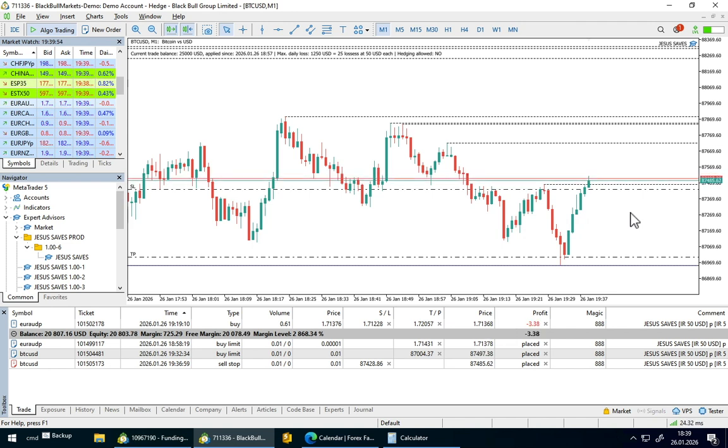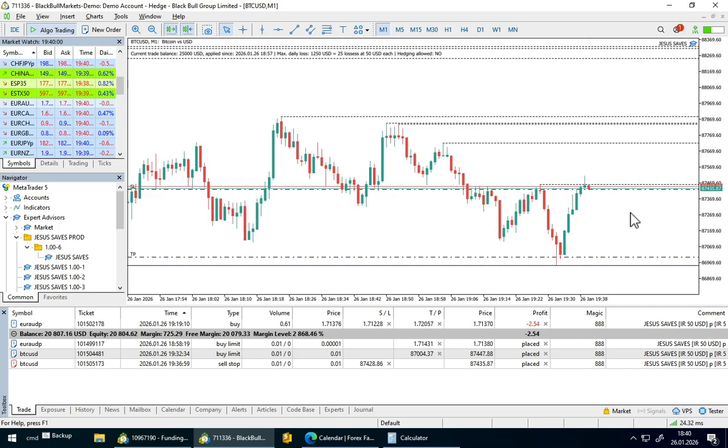Even if we are on the smallest time frame, 1 minute, so one candle is just 1 minute, when you are sitting in front of the screen, it takes quite a while. We came from here. I put this buy limit here, which is automatically transformed to a buy limit with the lowest price possible, which is here 0.01.